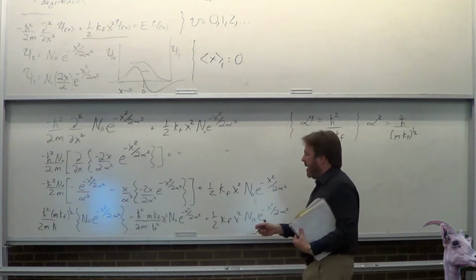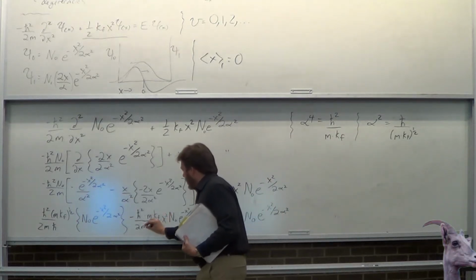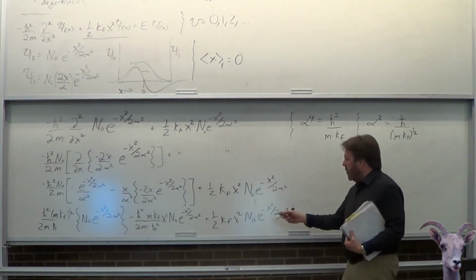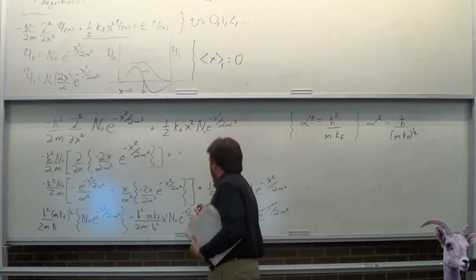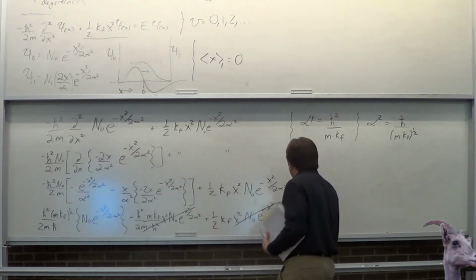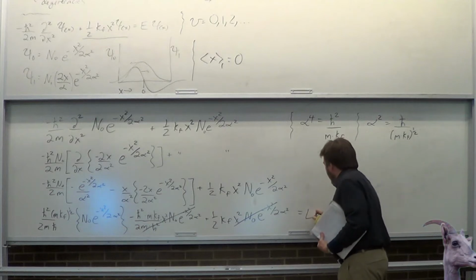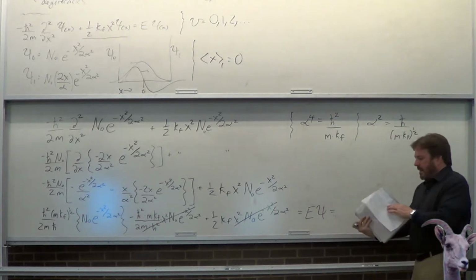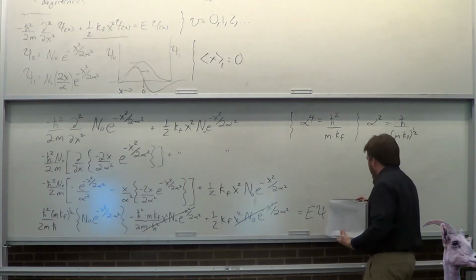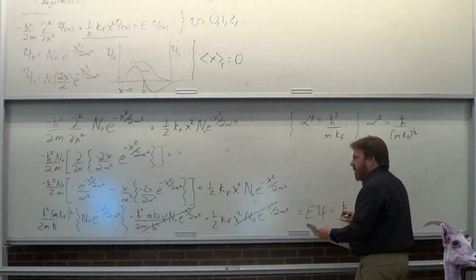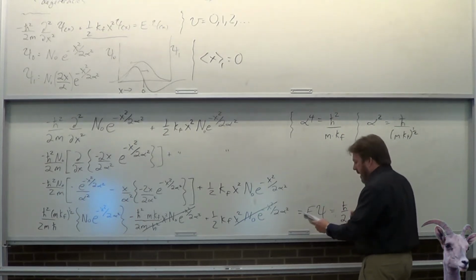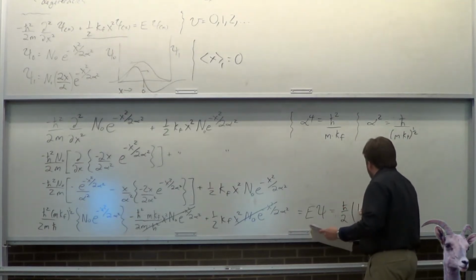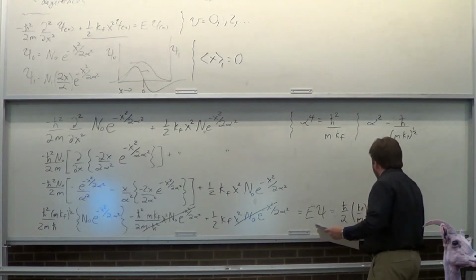But anyway, it's not hard to see that these cancel. I am left with minus 1/2 kf squared plus 1/2 kx squared, wave function. So these are wiped out, and I'm left with E psi, well it better be E psi, and that is, so again, this might be the hard problem. h bar over 2 and k spring constant over m to the half.